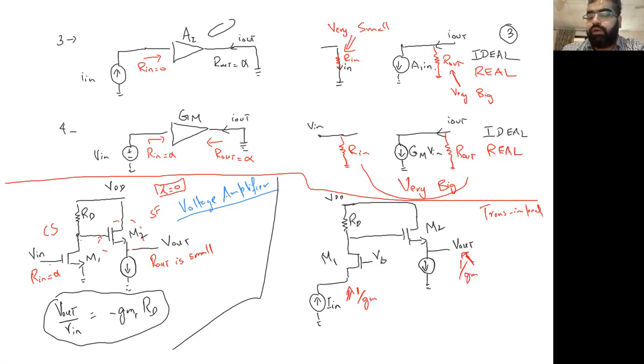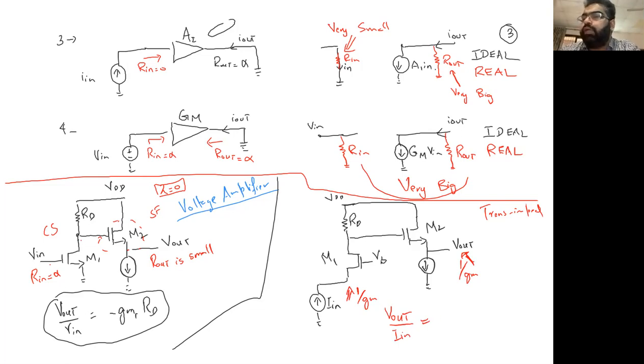Now, what will be the gain of this amplifier? Transimpedance, so it's not V out by V in, it's going to be V out by I in. What will be this gain? Ultimately what's happening is we are feeding this current I in, and the same I in will flow through here, and that will be multiplied by RD, and that will convert it into voltage.